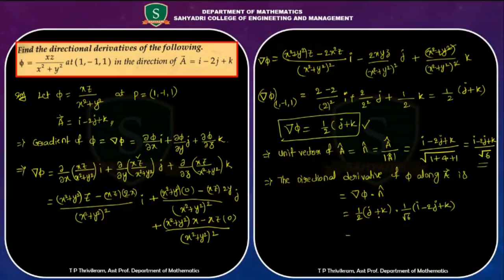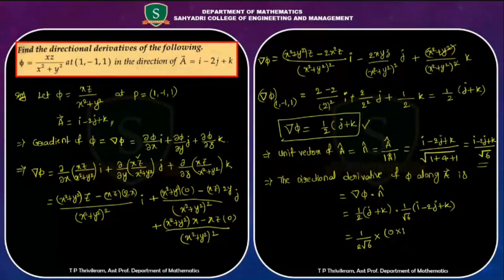So thus this one is equal to 1 by 2 root 6 into, just do the dot product. I term should be multiplied with i term, j term with j term, and k term with k term. Here in the first vector the i term is not there, so take 0.